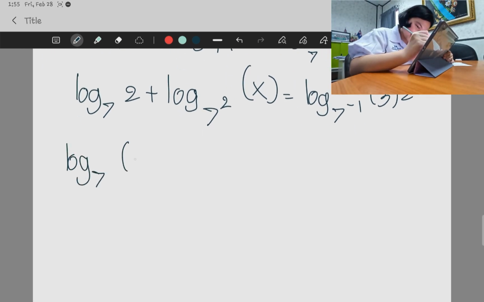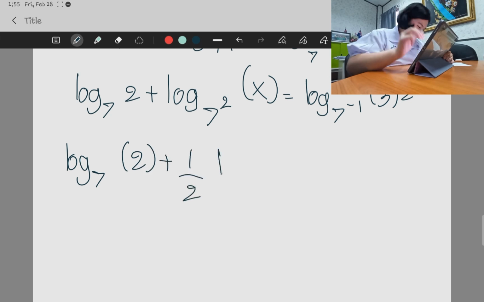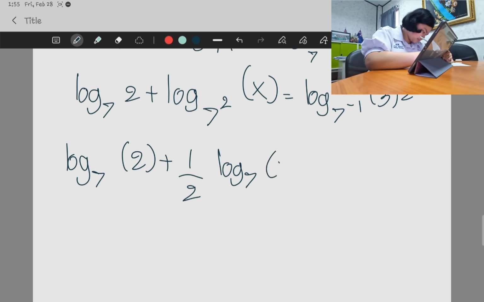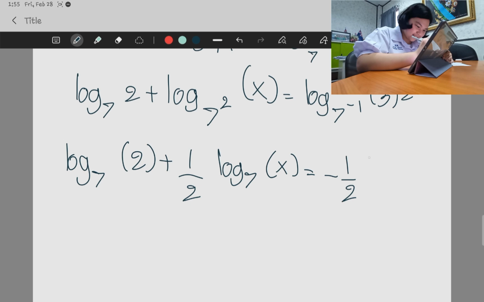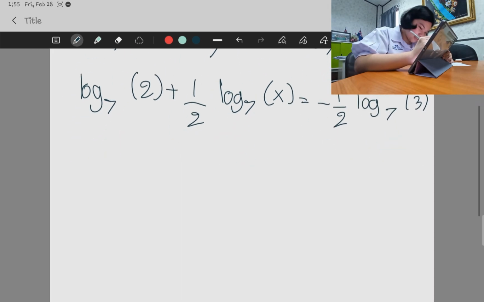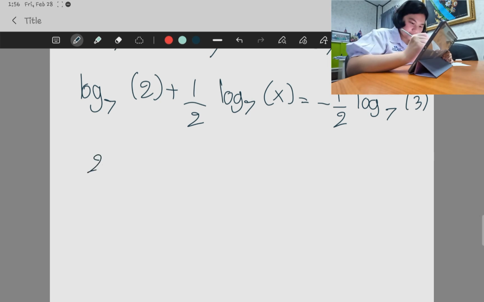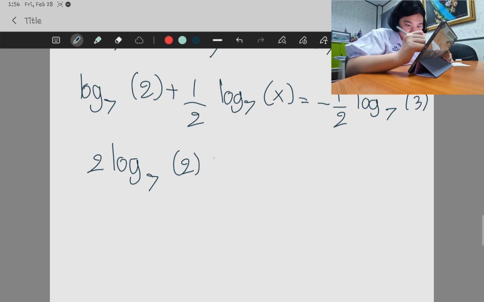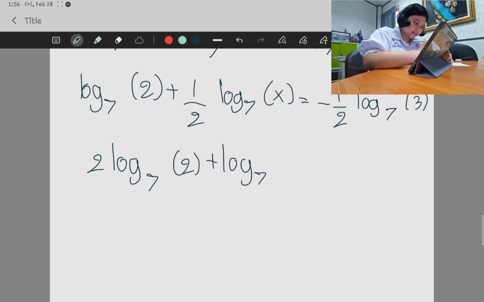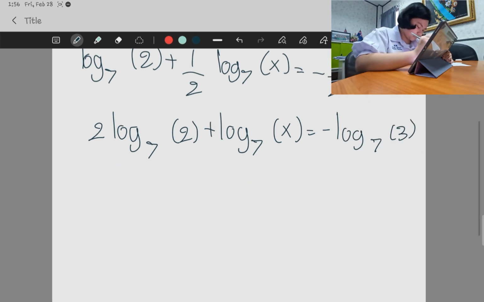Log 7 2 plus 1 over 2 log 7 x equals negative 1/2 log 7 times 3. It will be 2 log 7 times 2 plus log 7x equals negative log 7 times 3.